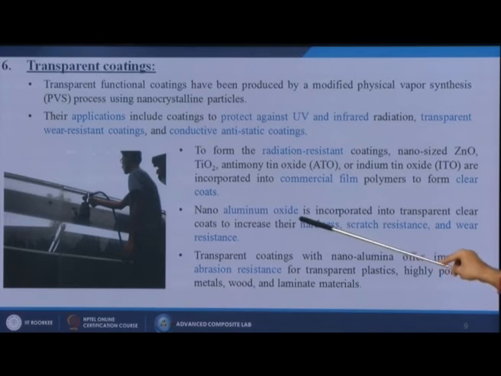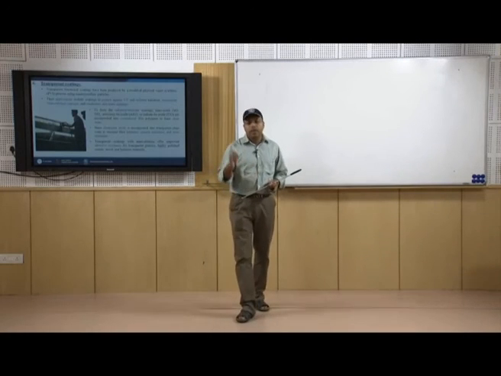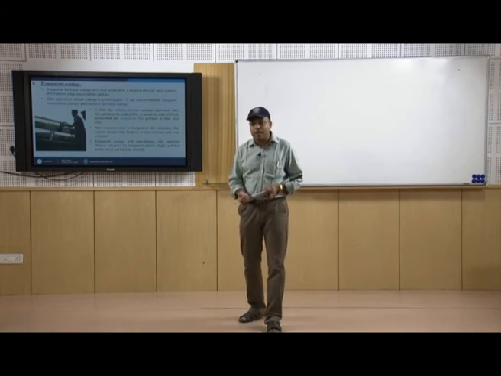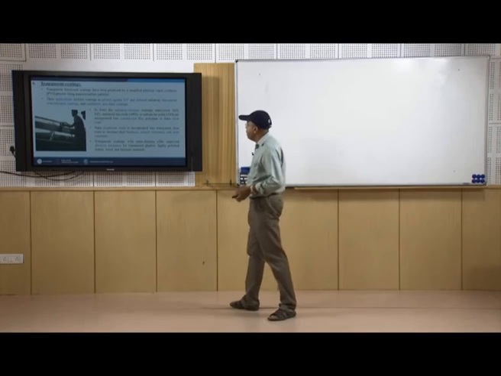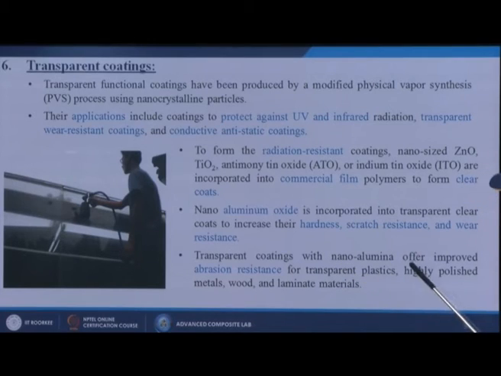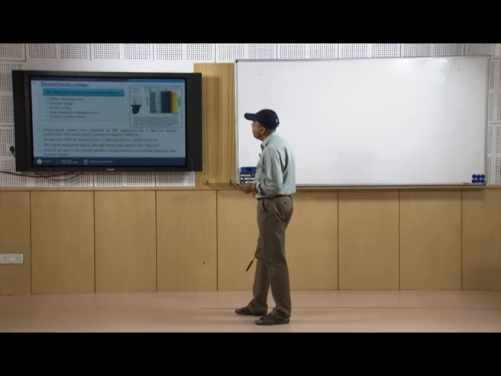Nano aluminum oxide is incorporated into transparent clear coatings to increase their hardness, scratch resistance and wear resistance. So not only are they giving you transparency, they also improve other properties like scratch resistance, wear resistance and hardness. Transparent coatings with nano alumina offer improved abrasion resistance for transparent plastics, highly polished metals, wood and laminate materials.